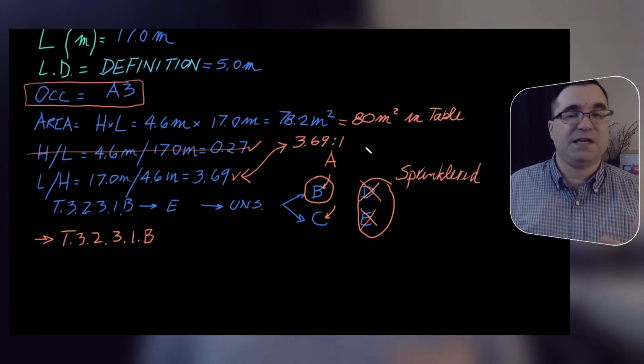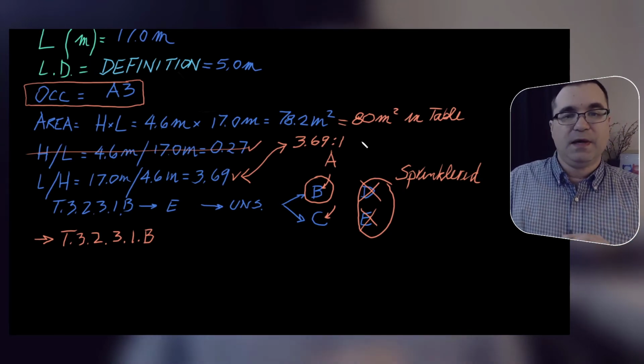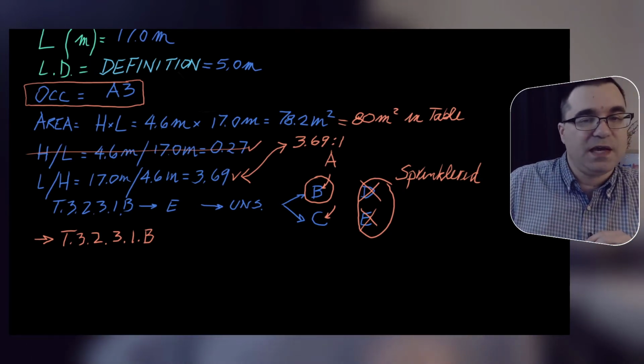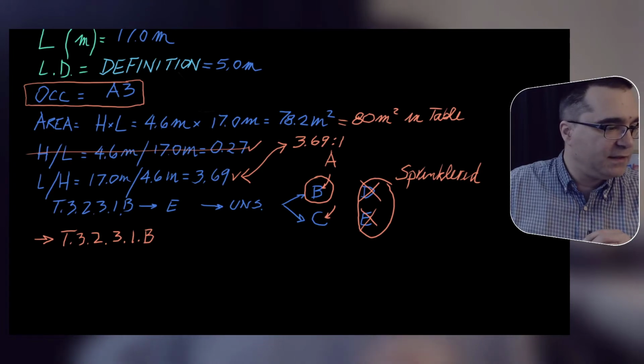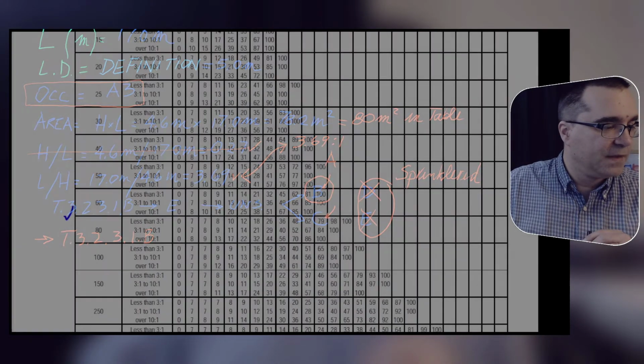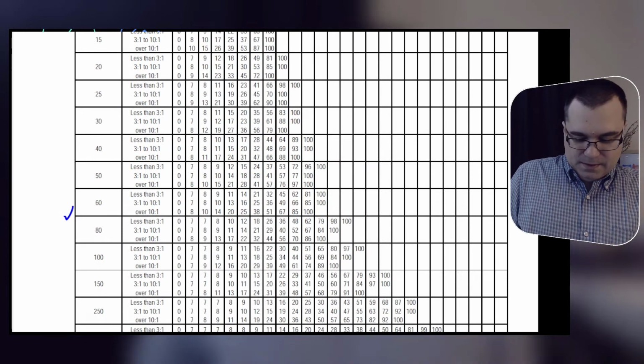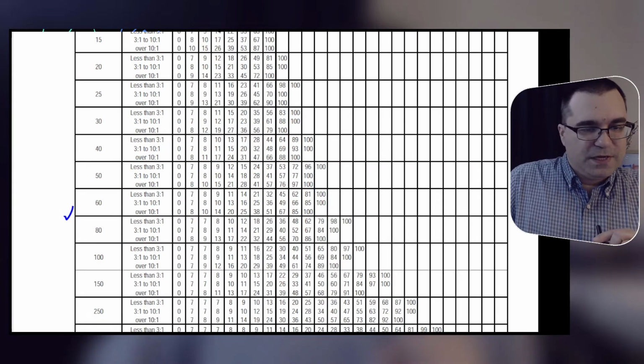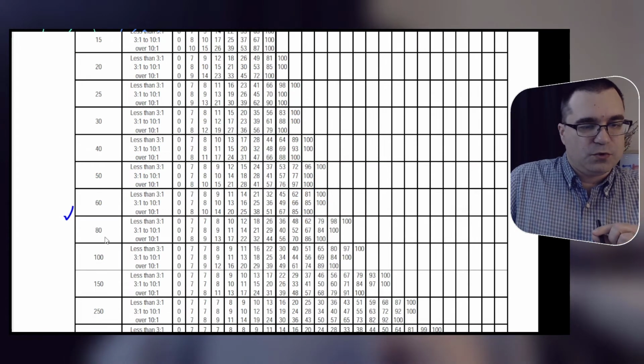Okay? Because anything divided by 1 is still that number. Well, now let's compare the way that the table shows it. In the table, again, we figured out we're going to be using this row here, 80. But now we have 3 rows to pick from.